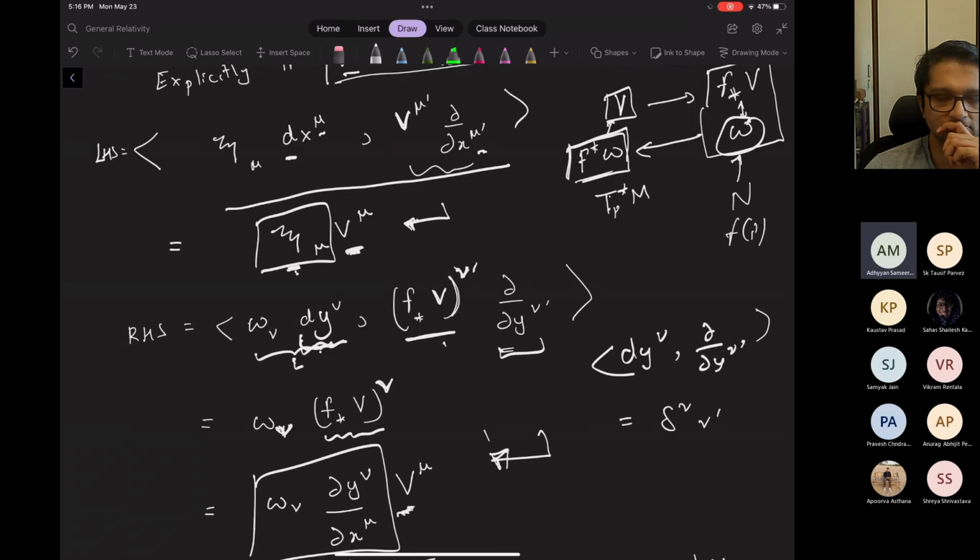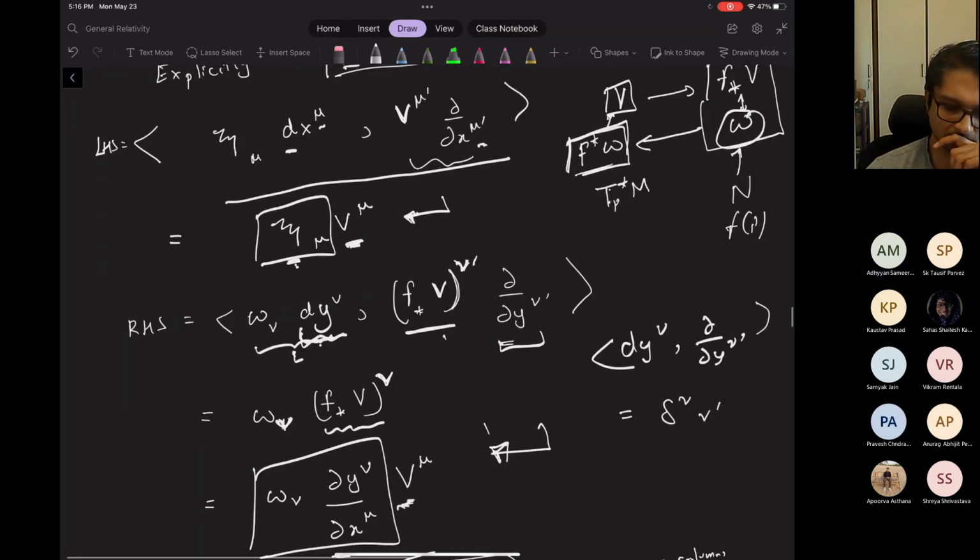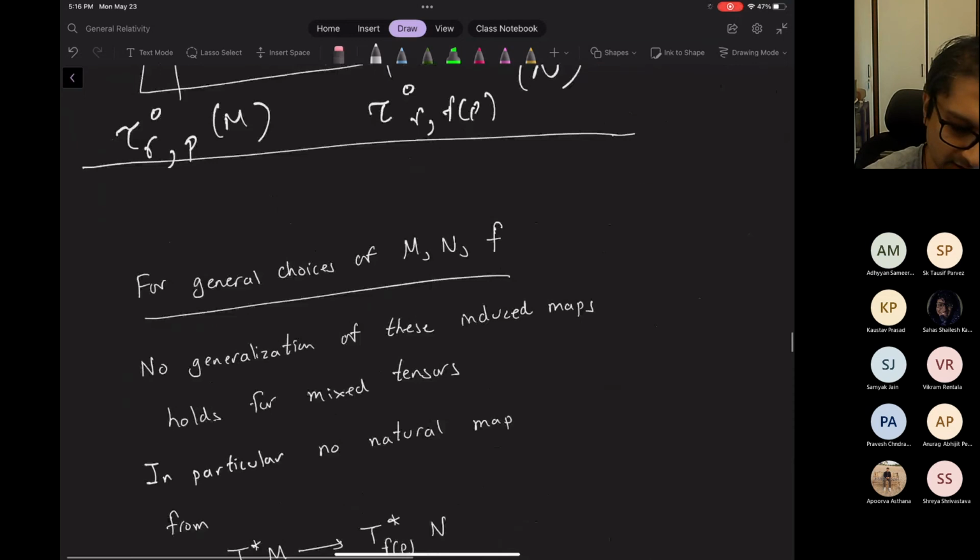We could have done the same thing in a reverse manner. I would define a dual vector in M, and we say that the push forward for that has to be such that the inner product once again is preserved. So let's try that.